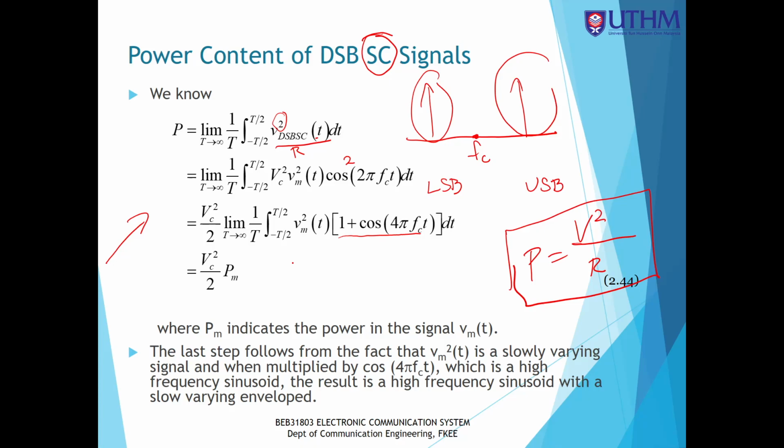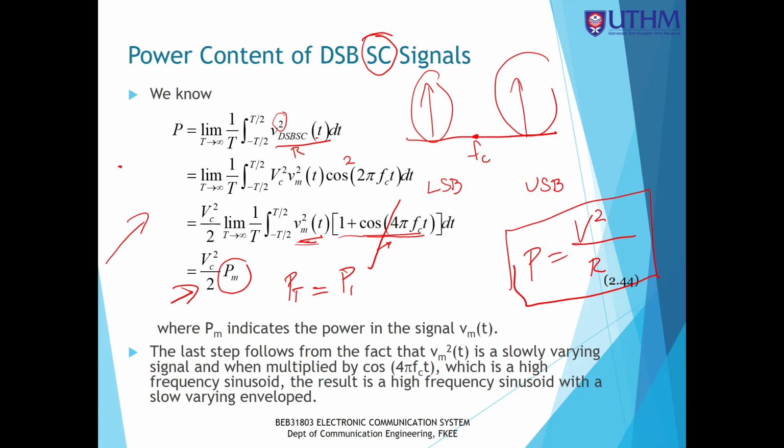So what you need to do is that the total power for the double sideband suppressed carrier is PLSB plus PUSB.